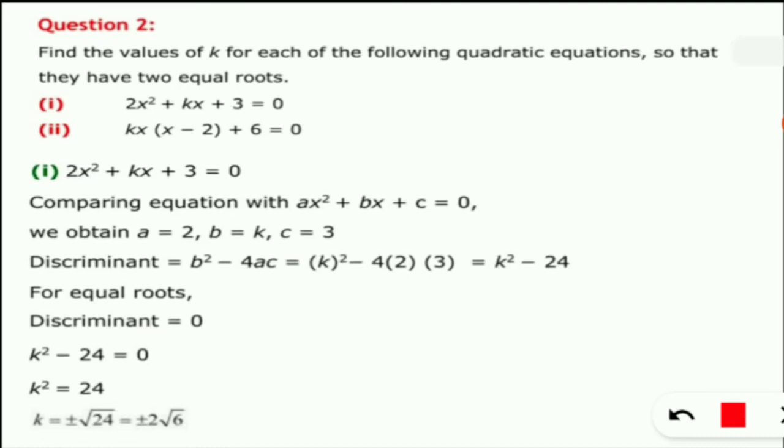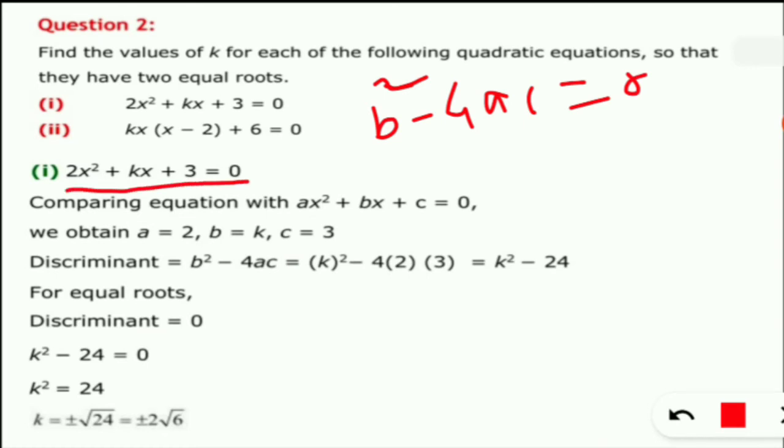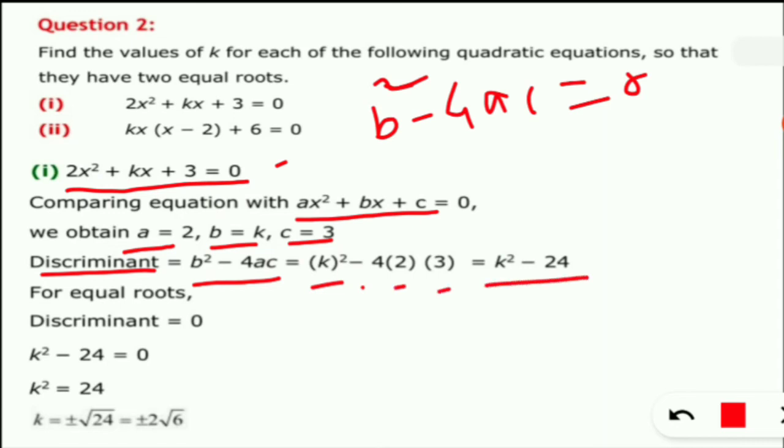We know that for equal roots the discriminant b square minus 4ac equals 0. Okay, so this is the given quadratic equation. If we compare this equation with ax square plus bx plus c equals 0, then we get a equals 2, b equals k, and c equals 3. So the discriminant b square minus 4ac equals k square minus 4 into 2 into 3, that means k square minus 24.